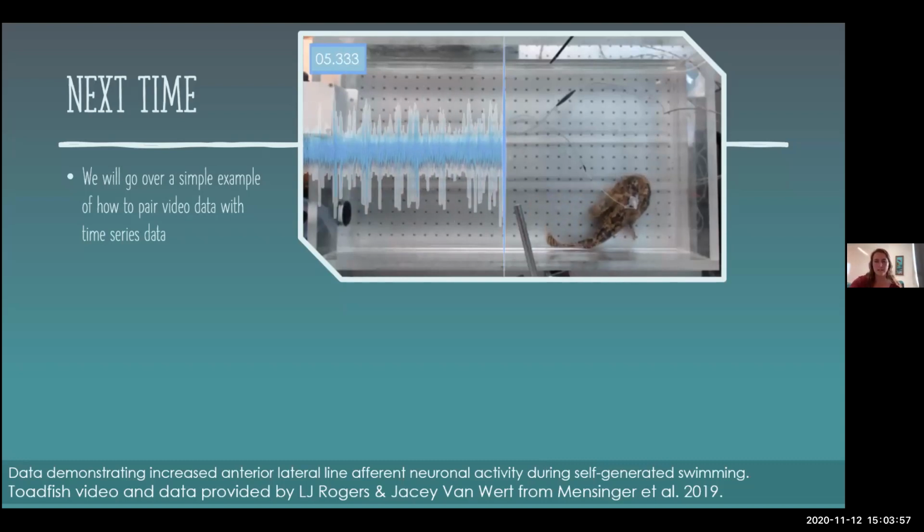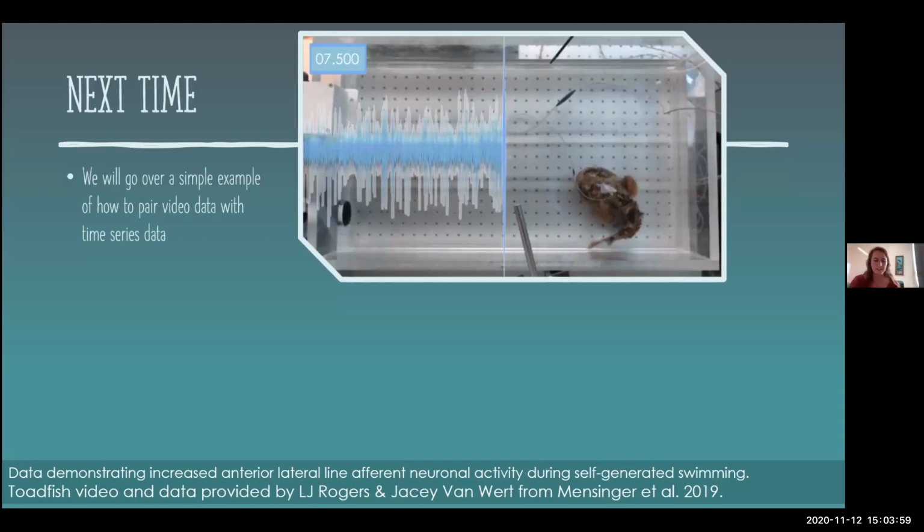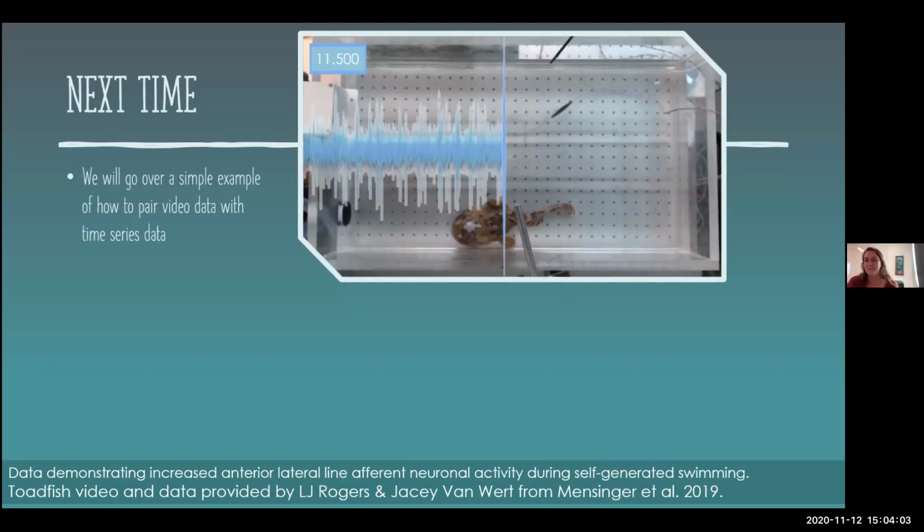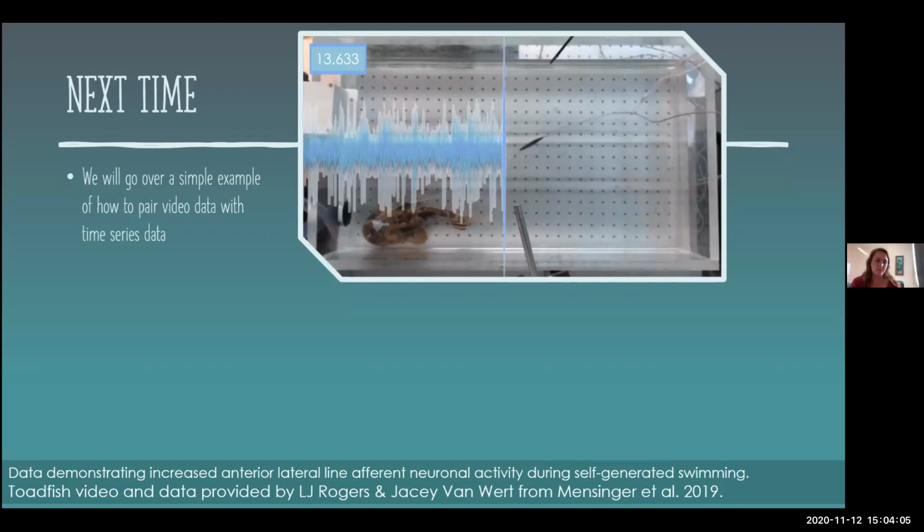This is my friend's study animal swimming around and showing its neural activity while it's swimming around, which is super cool. But whatever your data is, maybe you just want to show a pretty video and put some data on top of that. You can do so much in After Effects, and there's a lot of features specific to data-driven animation in After Effects, and I'm really excited to explore that and then teach all of you.